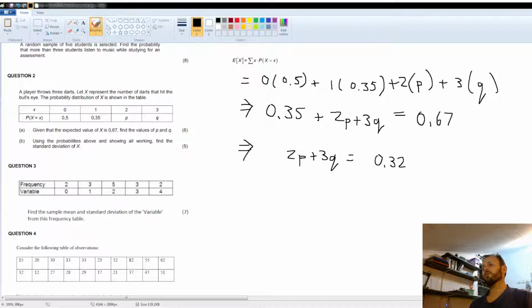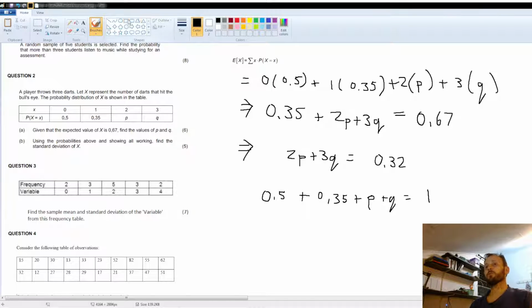So, okay, so we just put that constraint in. The constraint is that 0.5, which is the first probability, plus 0.35, which is the second probability, plus p, the third probability, plus q, the fourth probability, must add up to 1. Because it's the sum of all probabilities.